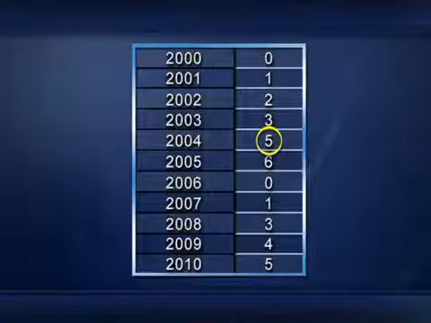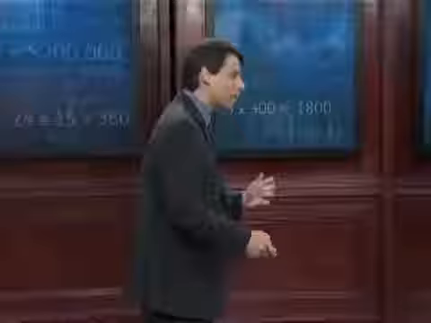So the year code for 2004 will be 5. By the way, note that 2000 is a leap year, and leap years occur every 4 years after that, right? So that's 2000, 2004, 8, 12, 16, 20, going all the way up to 2096. All of those are leap years. Incidentally, 2100 is not a leap year, and I'll say more about that later.